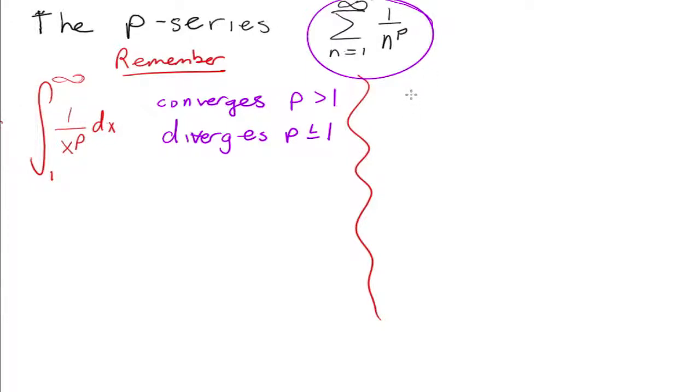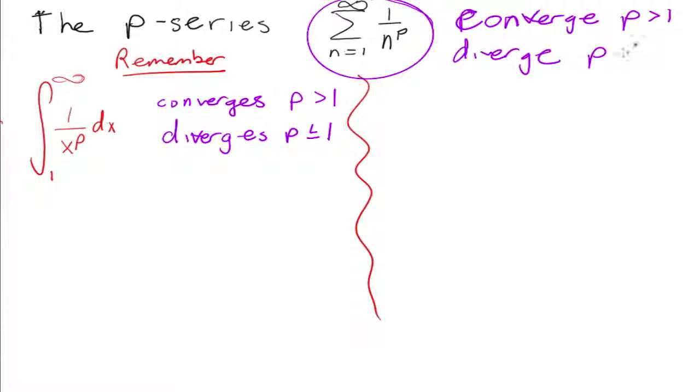So if you use the integral test, you can easily see that the p series is going to converge for p greater than 1, and then it's going to diverge for p less than or equal to 1. Does that make sense? Okay, so this one, the p series, just like the p integral, we're going to use a lot when we use the comparison test.